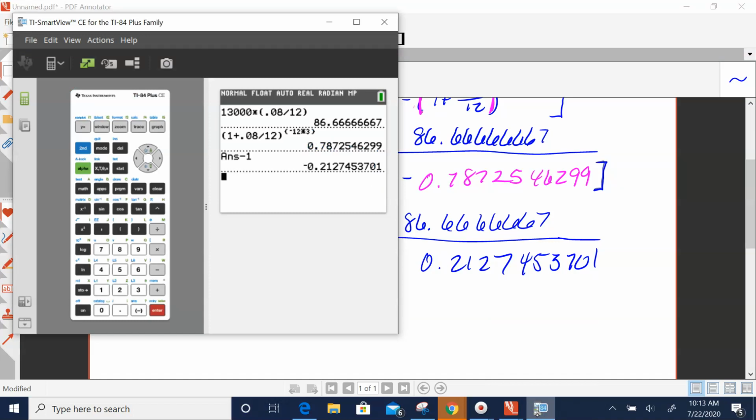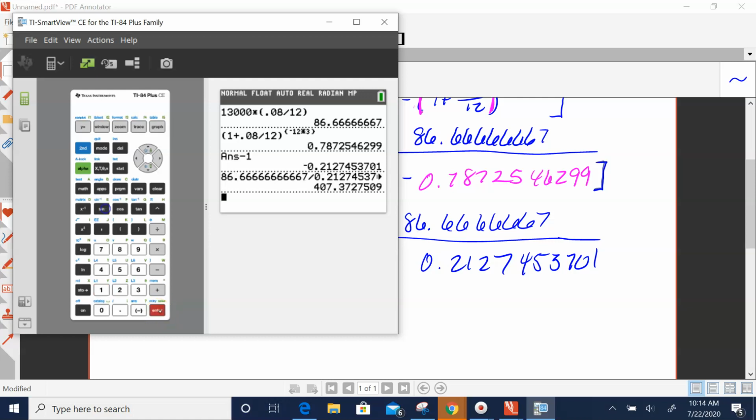Okay, now let's finish the calculation. Let's take the 86 point and a bunch of sixes, and let's just throw a 7 on the end, divided by 0.2127. Make sure I type that in the right way.